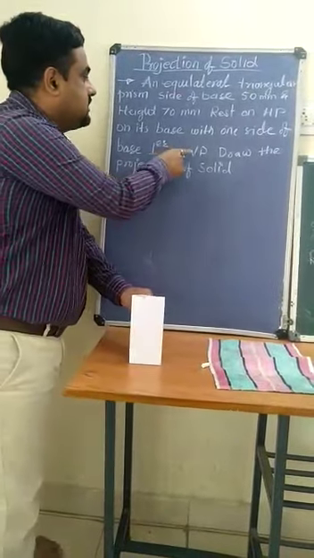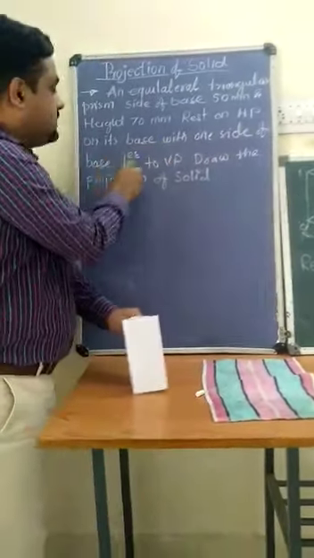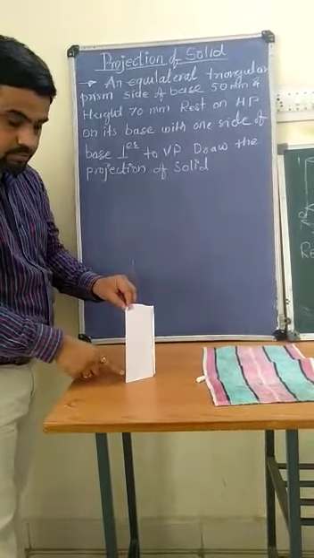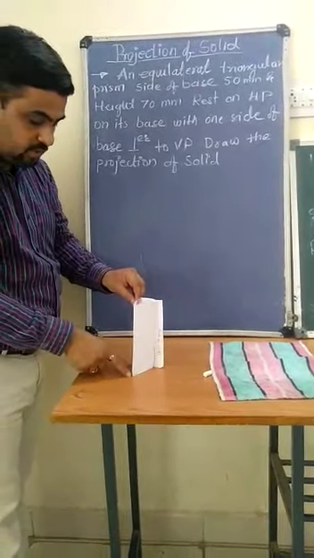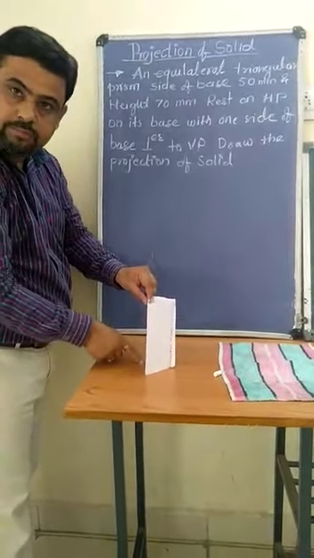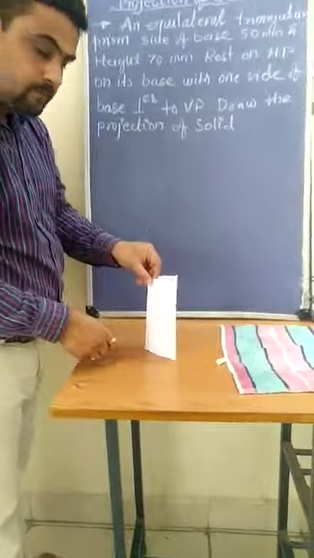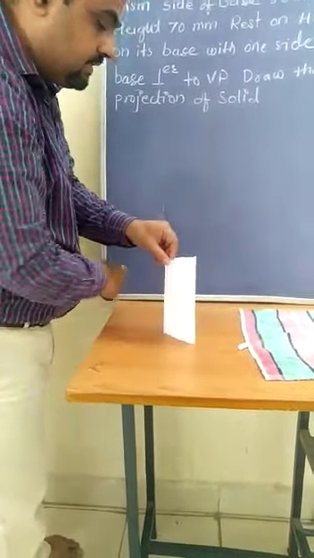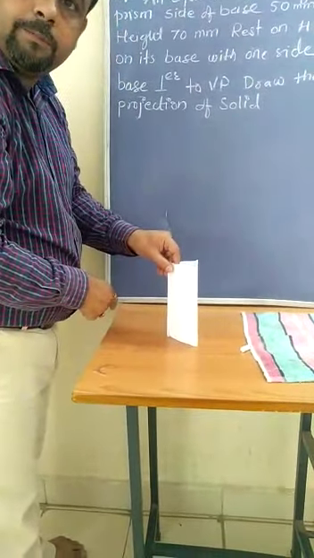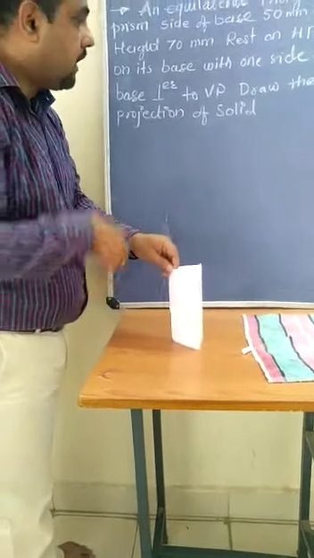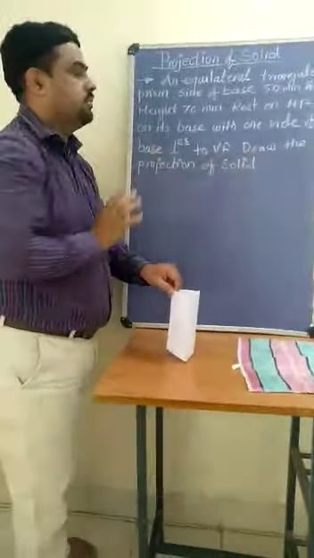Now the condition is that one side of base is perpendicular to VP, so you have to position it like that, where this side of base is perpendicular to VP. Or you can position it like that. Here also one side of base is perpendicular to VP. Understand?